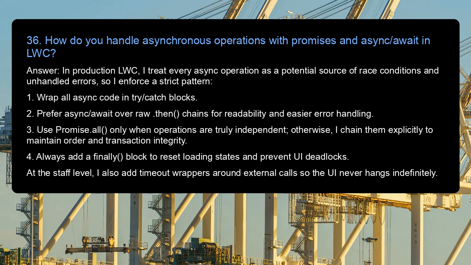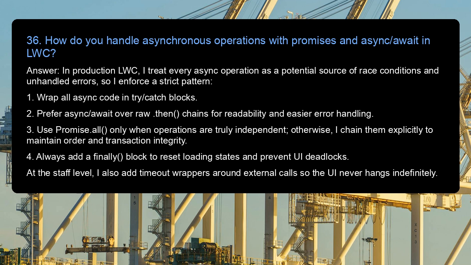36. How do you handle asynchronous operations with promises and async/await in LWC? Answer: in production LWC, I treat every async operation as a potential source of race conditions and unhandled errors, so I enforce a strict pattern. 1. Wrap all async code in try-catch blocks. 2. Prefer async/await over raw .then chains for readability and easier error handling. 3.